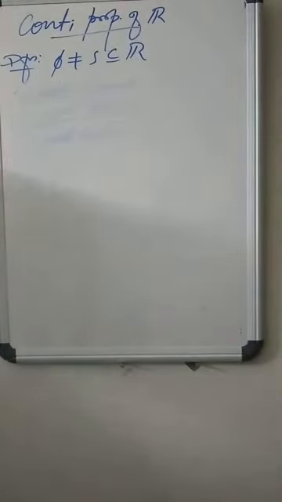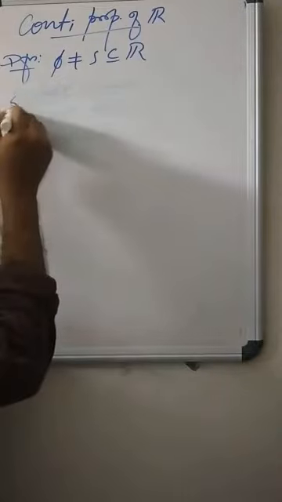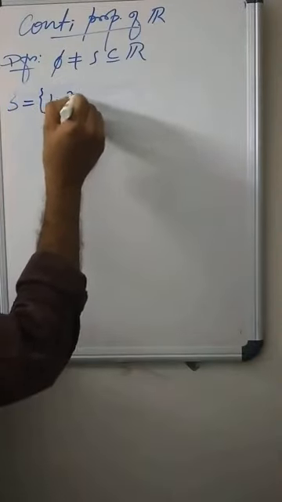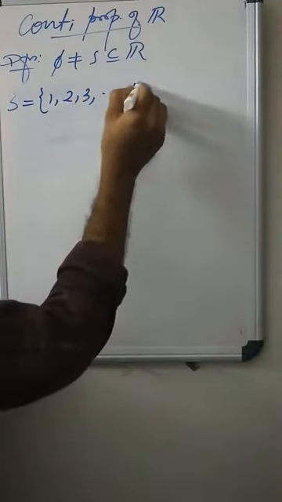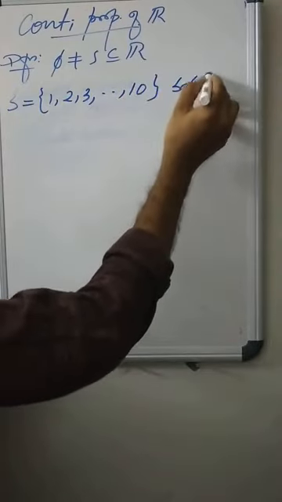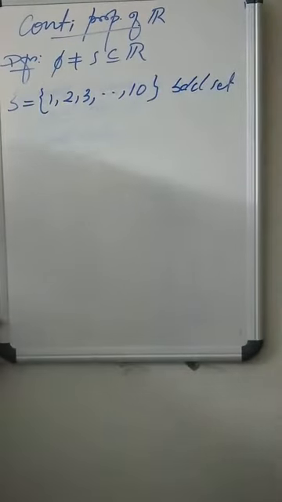If a set has both an upper bound and a lower bound, it is bounded above and below, and the set is a bounded set. So S equals the set 1, 2, 3, up to 10 is a bounded set, because it has a lower bound as well as an upper bound.